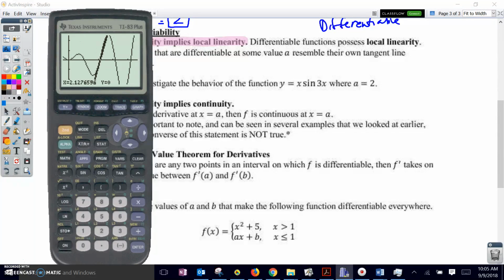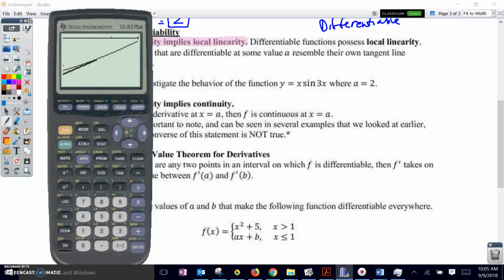And I'll box this in quick. But if I zoom in on that, you see here's the curve, and then there's the tangent line.